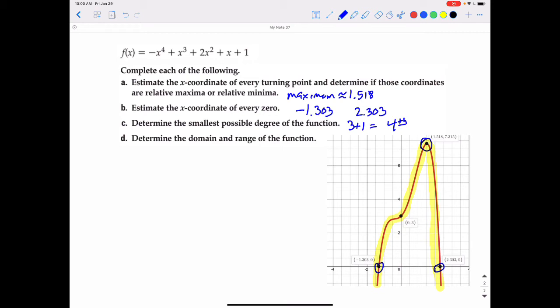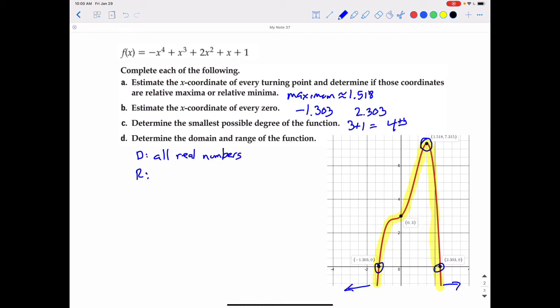equation. And then it says to determine the domain and the range of the function. So the domain, since it is always moving to the left and always moving to the right, we would say the domain is all real numbers. This time the range is going to be a little bit different though. The range is not all real numbers because there is a distinct high point.